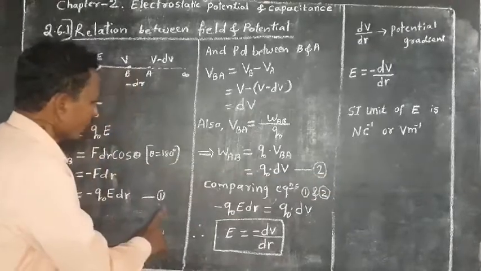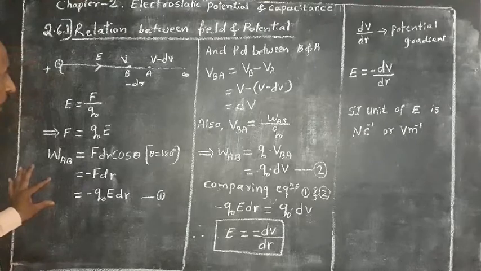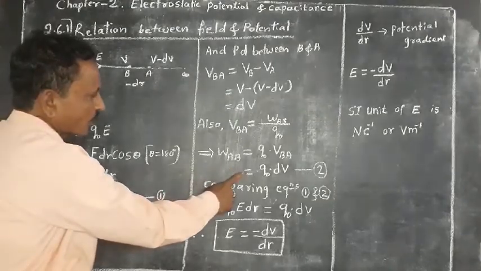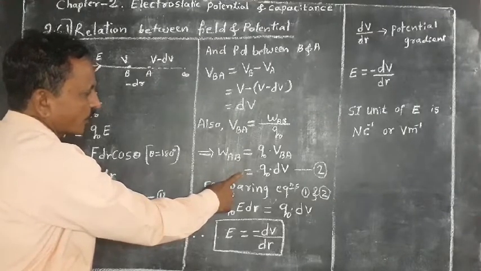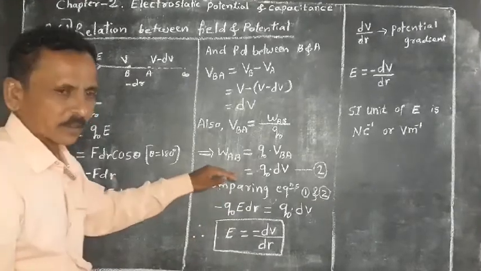Equation 1 and equation 2 both give the work done in moving a charge from A to B, and these two are the same.